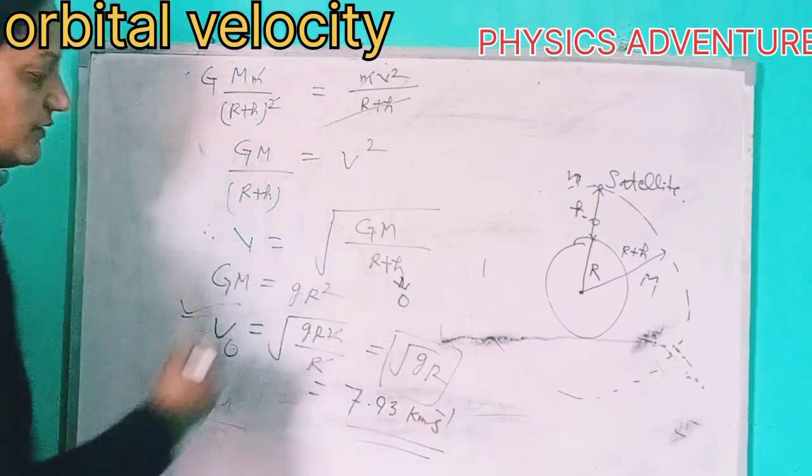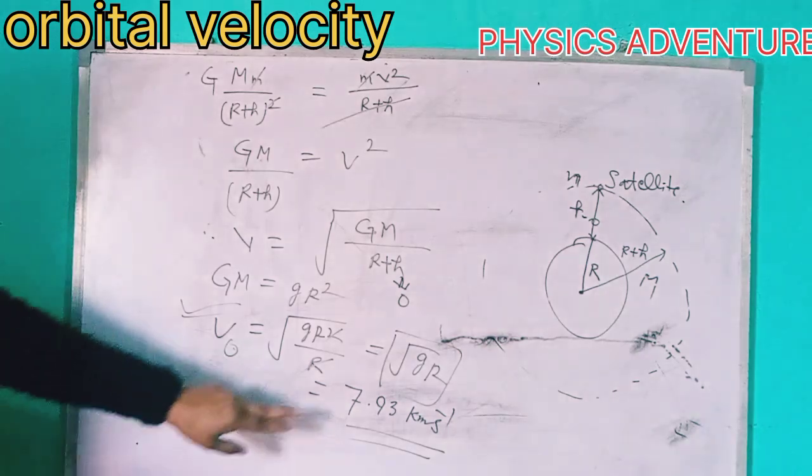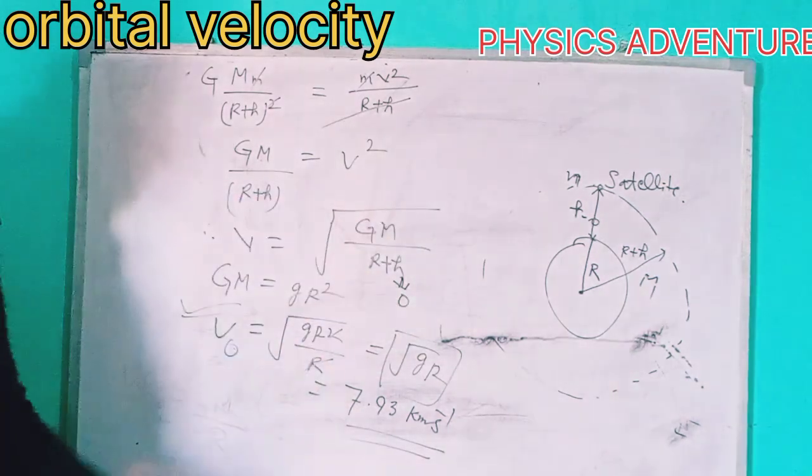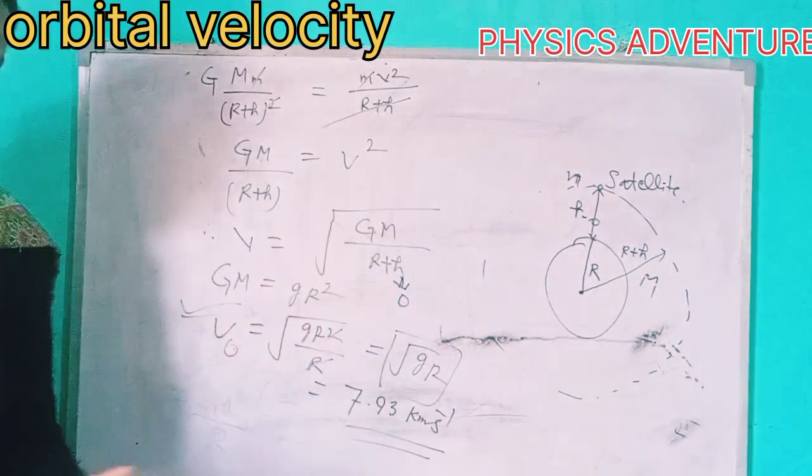This is the value of orbital velocity. It is for a satellite very close to the Earth.